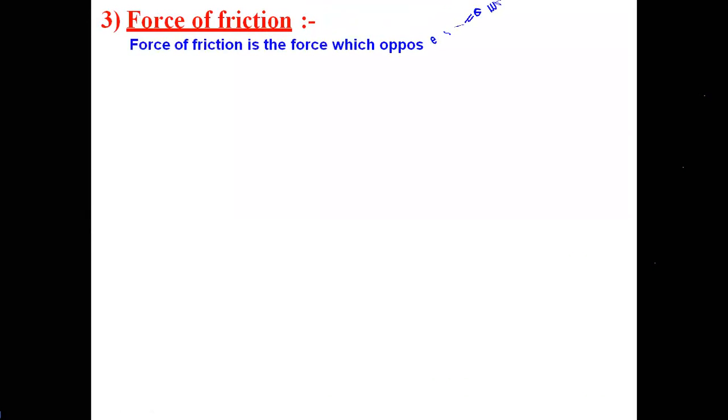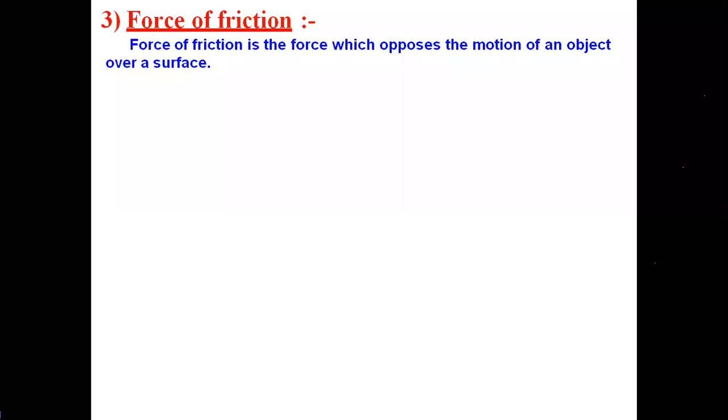Here I already gave the example. Let us take the best example. Some person throws a ball, and after he throws it, it is rolling on the ground to a certain distance. Gradually you observe it reduces its speed, and finally at one point it stops.